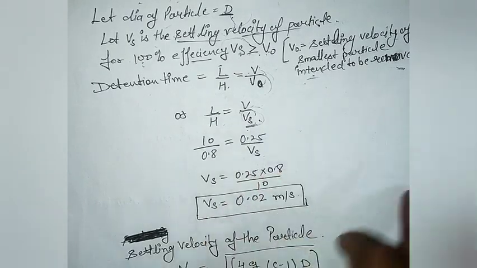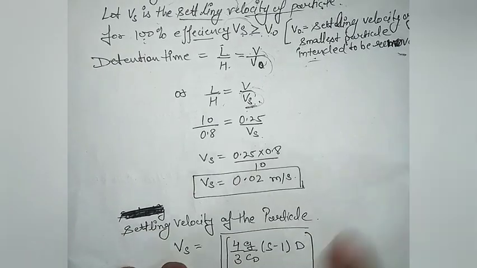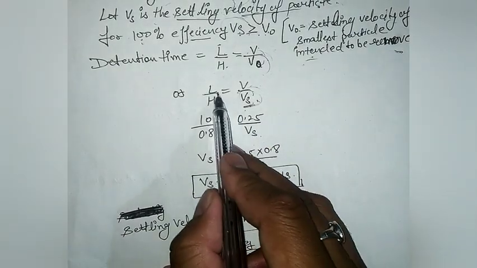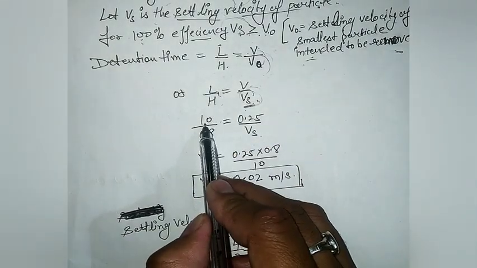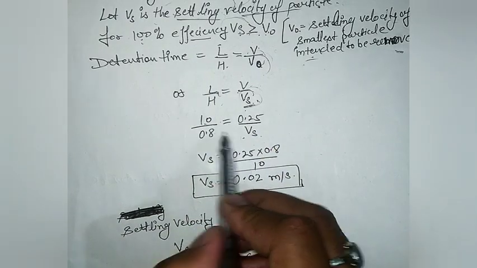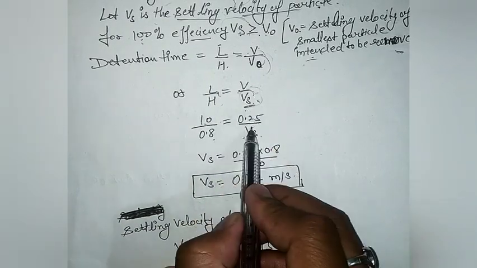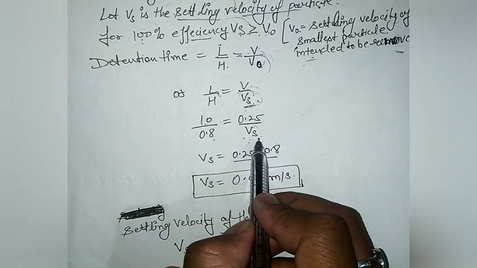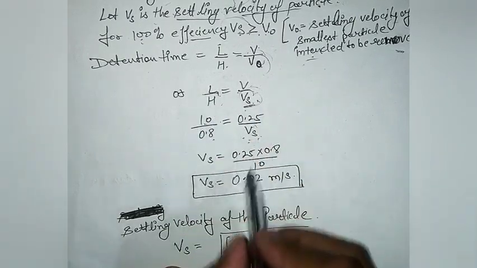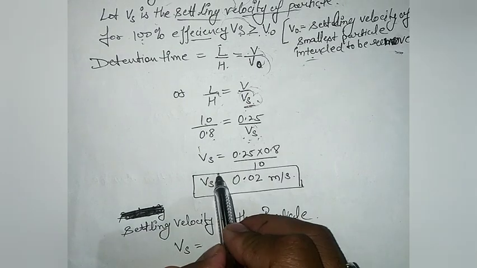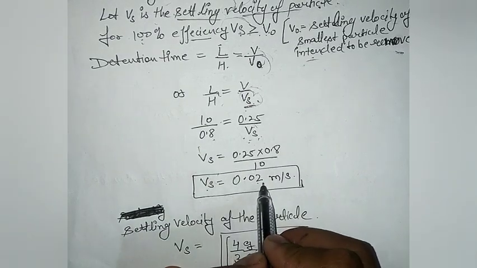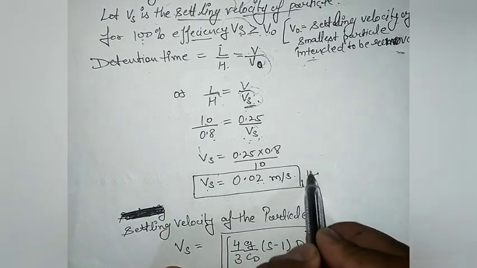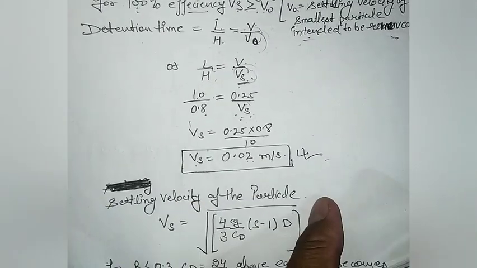We are provided with L, that is 10. We'll put all the values here: H is 0.8, V is 0.25, and Vs we don't know. So we'll calculate from here. First of all, Vs will come out to be 0.02 meter per second. I hope this step is very much clear.